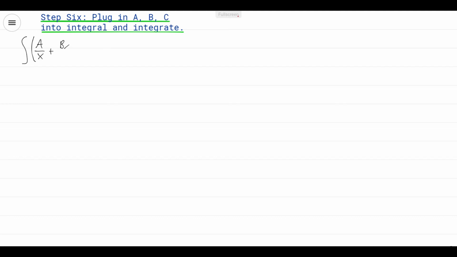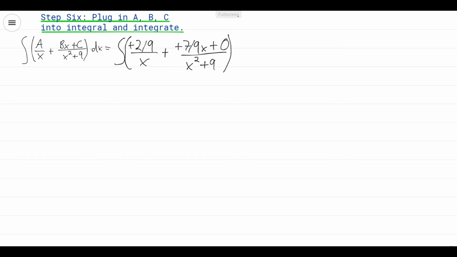So we know that a over x plus (bx plus c) over x squared plus 9 is equal to our a, which was 2 over 9, over x plus our b, which was 7 over 9, x plus our c, which was simply 0, divided by x squared plus 9. So we're going to integrate this function with respect to x, and we know this term will zero itself out.